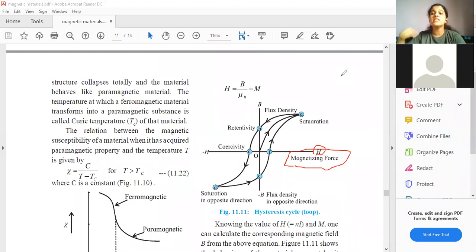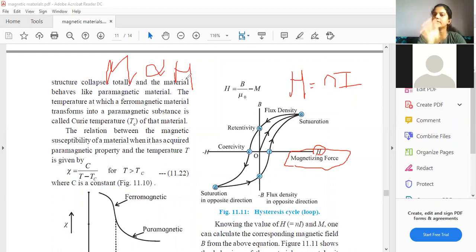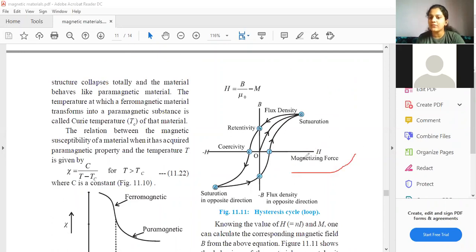So the current through n loops is nothing but H, the magnetic intensity. This magnetic intensity is responsible for the magnetization. That is the reason magnetization is directly proportional to H, right? All these points were already covered. So your H is also called magnetizing force.